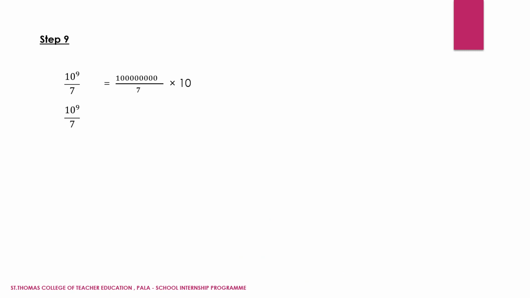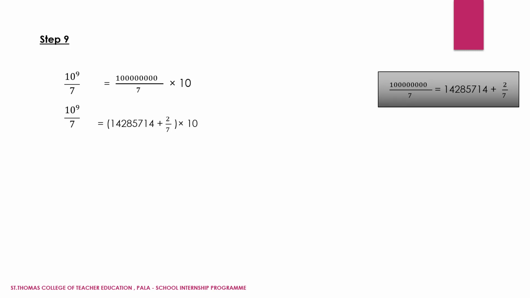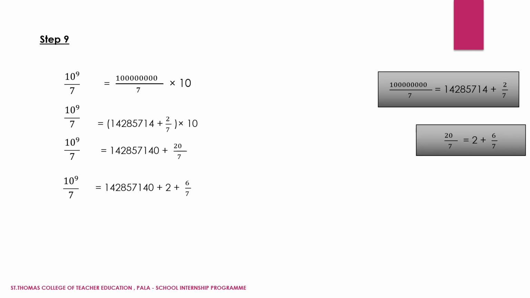Now let's analyze step 9, considering 10 raised to 9 by 7 and converting it in terms of 10. Now replacing first fraction with the result we got from the previous slide and we are applying distributive property. Now we concentrate on 20 by 7 and we split it as 2 plus 6 by 7, which we got on dividing 20 by 7.